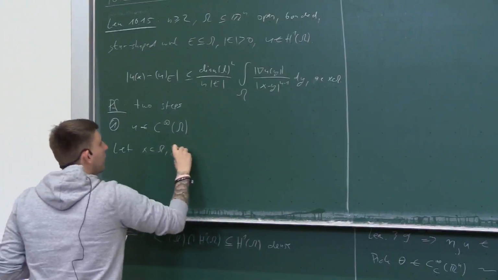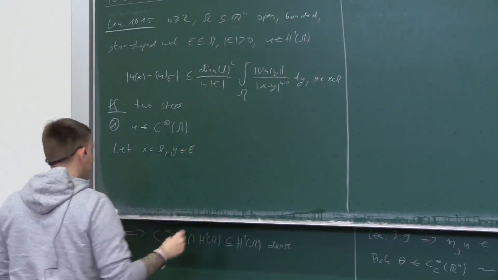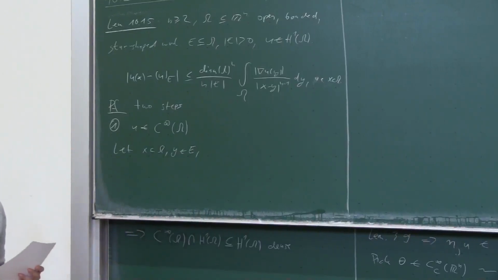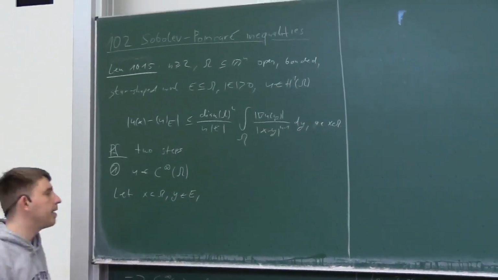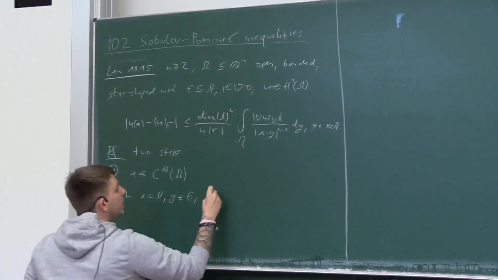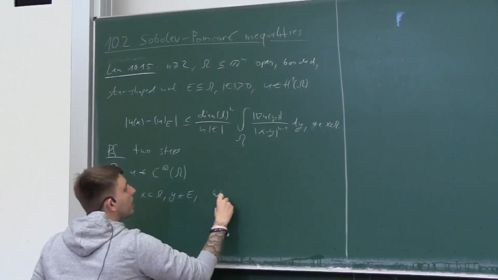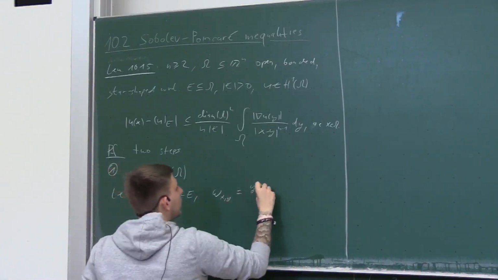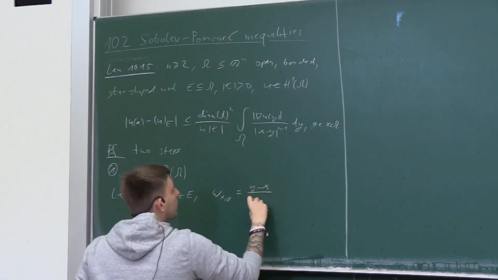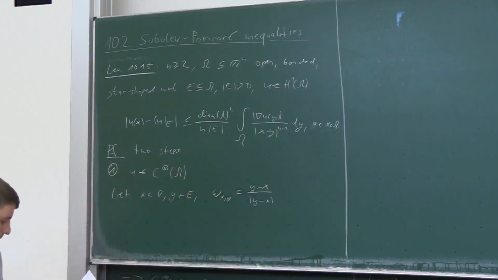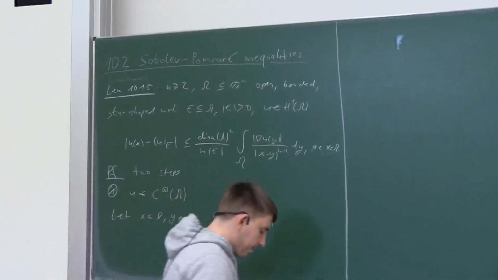We take y from E. And then you remember last time we always had this unit vector there. And this time we directly start with a specific unit vector, namely, we take some omega_{xy}, which is defined as y minus x, and then normalization.